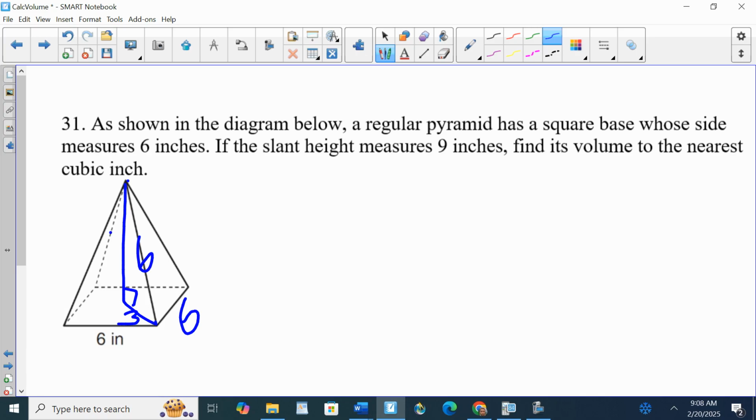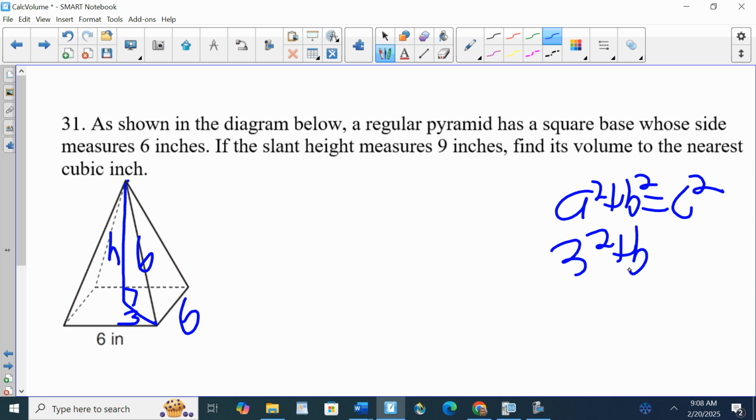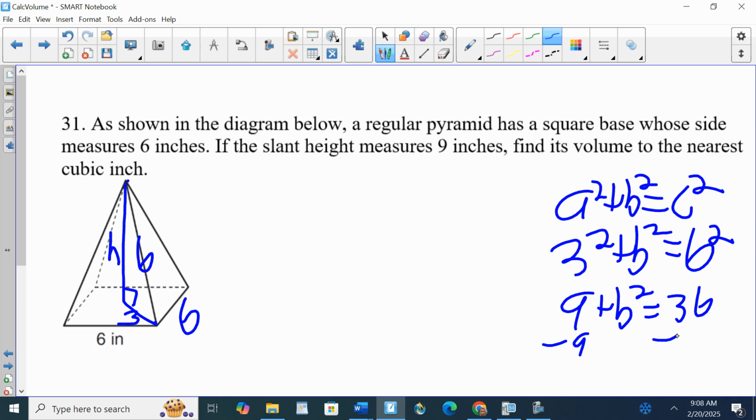I'm trying to find the height. So I do a, it's really the same thing. It just, for whatever reason, I don't see it as clearly. It's more inside the shape of the right triangle than the cone. But it's the same thing. 3 squared plus b squared equals 6 squared. The slant height is always the hypotenuse. 9 plus b squared equals 36. Minus 9 minus 9. B squared equals 27.